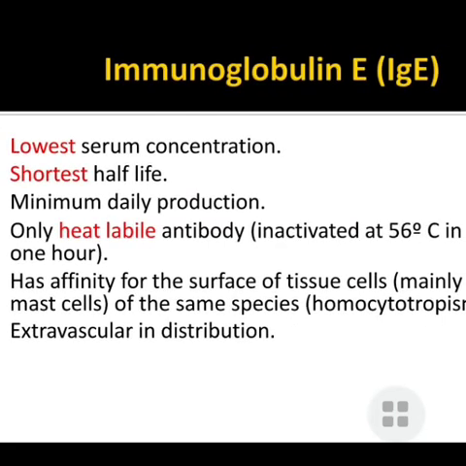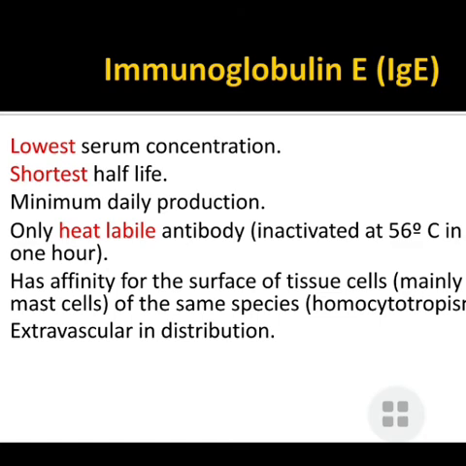So the next immunoglobulin to be discussed here is IgE antibodies, which is a very important antibody, but it has the lowest serum concentration, the shortest half-life and minimum daily production. It is the only heat labile antibody, which is inactivated at 56 degrees centigrade in 1 hour.